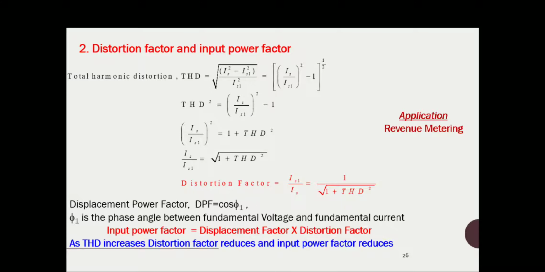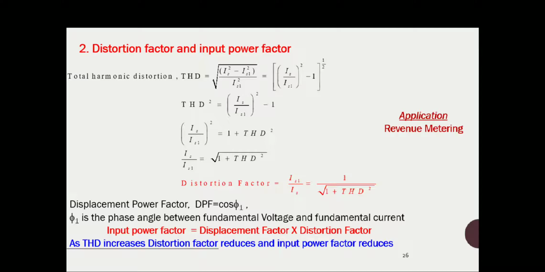Another measure of harmonic performance is distortion factor, which has an impact on input power factor. Till now we studied that the input power factor is equal to cos phi, where phi is the phase difference between the fundamental voltage and fundamental current. But that is the case without any harmonic distortion in the current waveform.